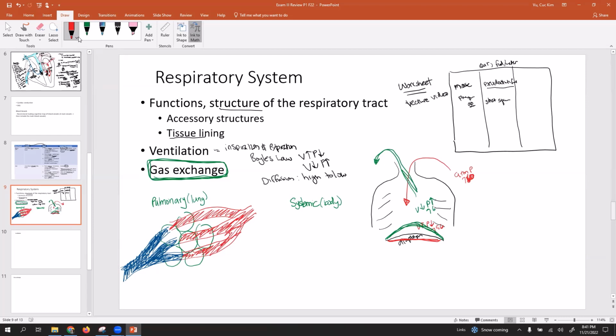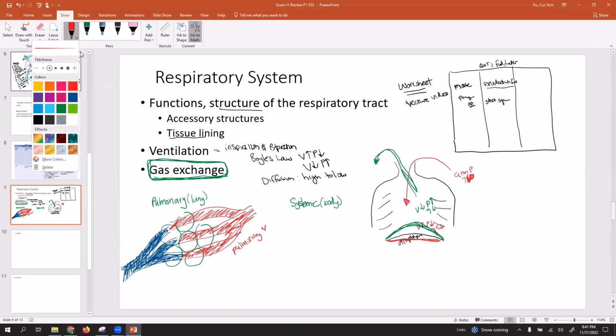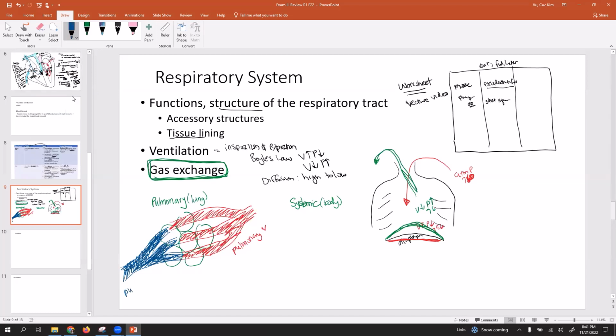So you have the pulmonary veins carrying the blood back to the heart, and you have the pulmonary arteries carrying blood away from the heart to the lungs.